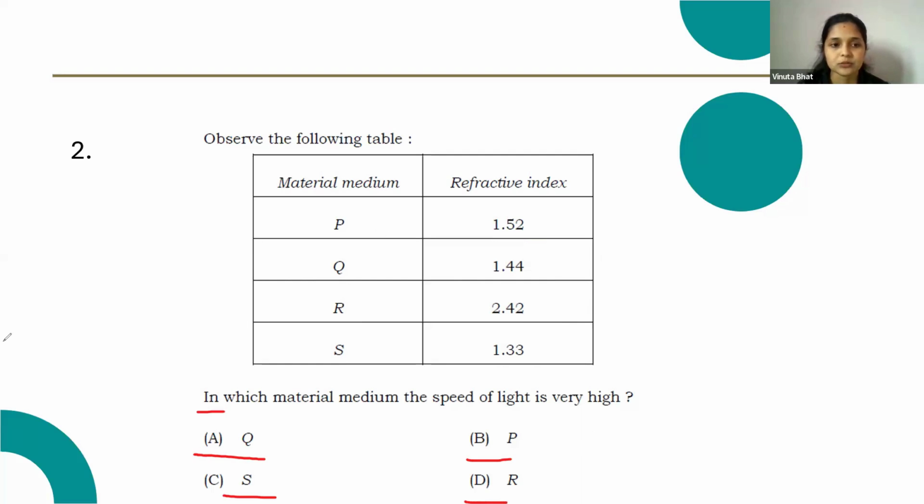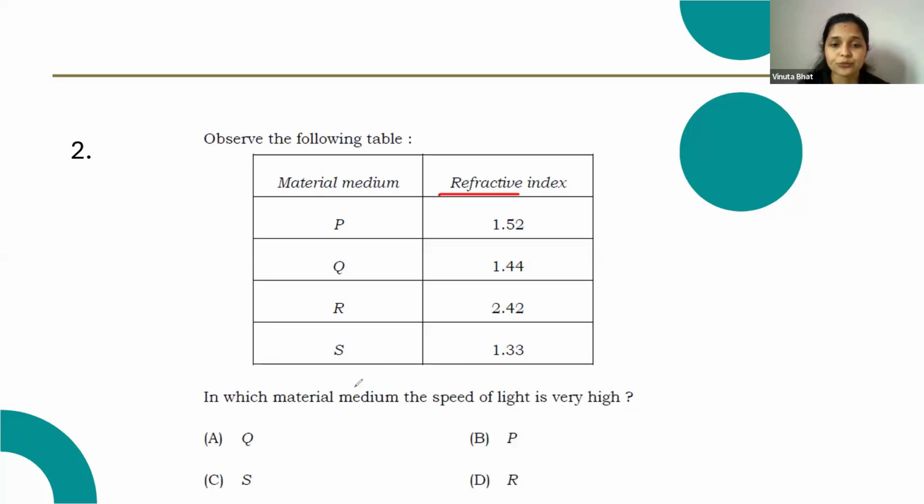If you see the refractive index, though this topic is deleted from your syllabus, when the refractive index of the medium increases, the speed of light decreases, right?